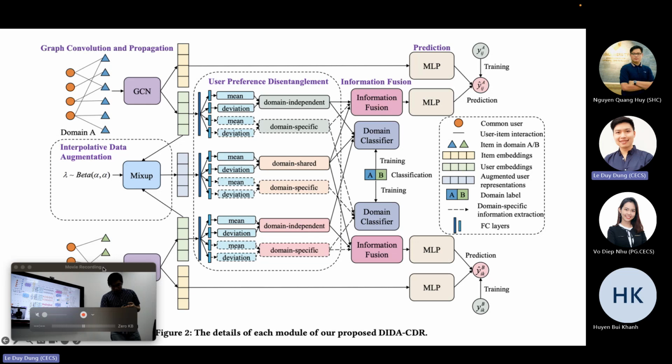But domain-independent things cannot be shared together, like the speed of the camera. It all exists in the domain, but it cannot be shared to other domains.